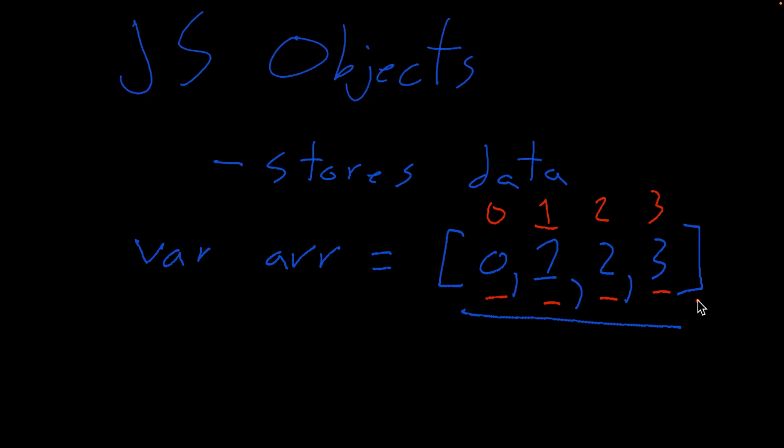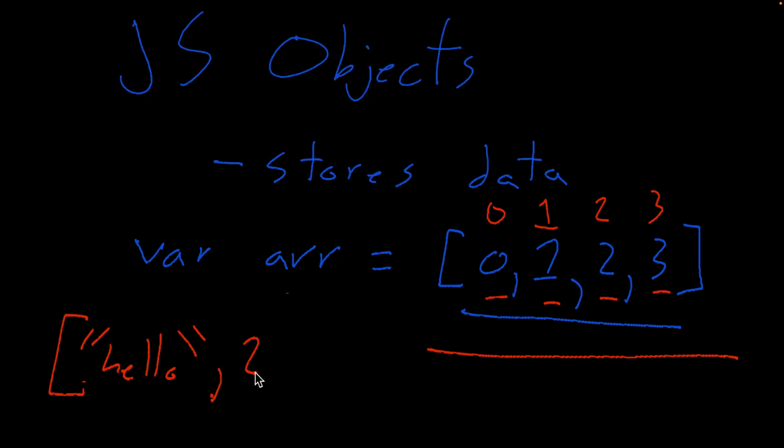So a JavaScript object is a way to store data. It's a non-primitive data type, just like an array. An array can carry a string, it can hold a number, it can hold a Boolean value, okay? This is a non-primitive data type, which means that it's not simple, right?